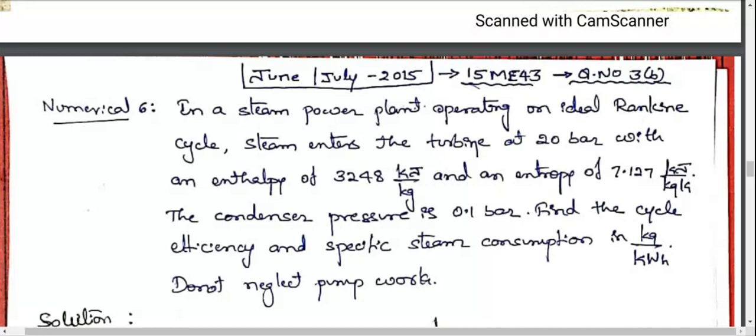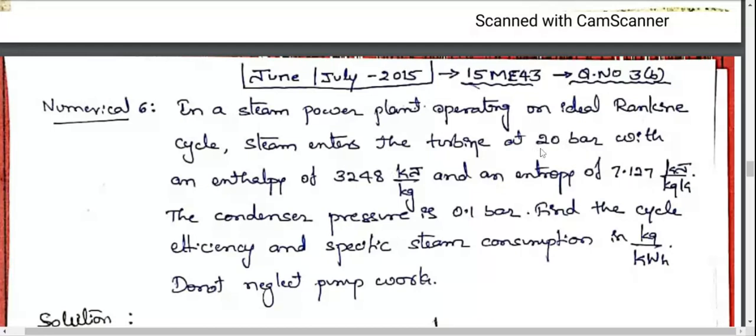Okay, this is the question, but we'll make it clear. To avoid such confusions, what you have to decide is just look at the enthalpy value he has given, 3248 kilojoule per kg. This value you have to compare with enthalpy of gas, that is Hg at 20 bar.